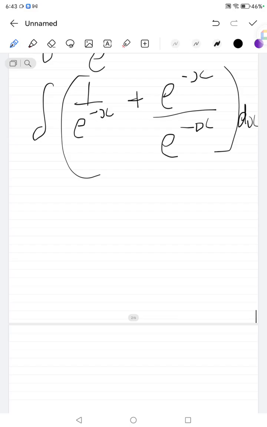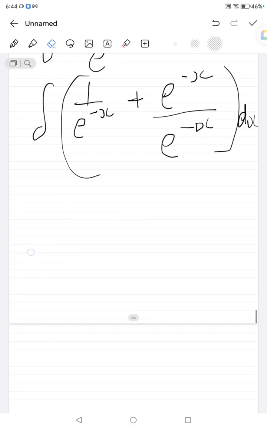So remember, if I'm having something like this, when I'm gonna bring it to the other side, what am I trying to say? If I'm having something like 1 over 2 to the exponent minus 2, this is the same as having 2 to the exponent 2.